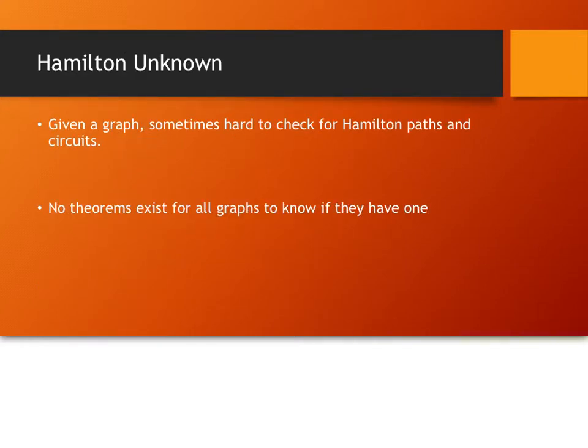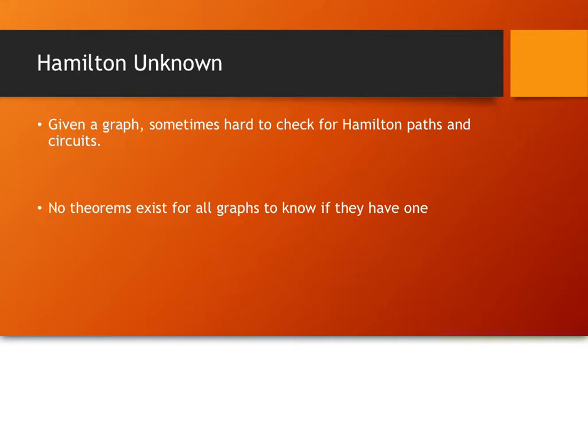All right, so what we've seen is two examples of graphs: one where a Hamilton path exists but a Hamilton circuit doesn't, and one where neither exists. When I introduced this, there was a graph where both Hamilton paths and Hamilton circuits exist.